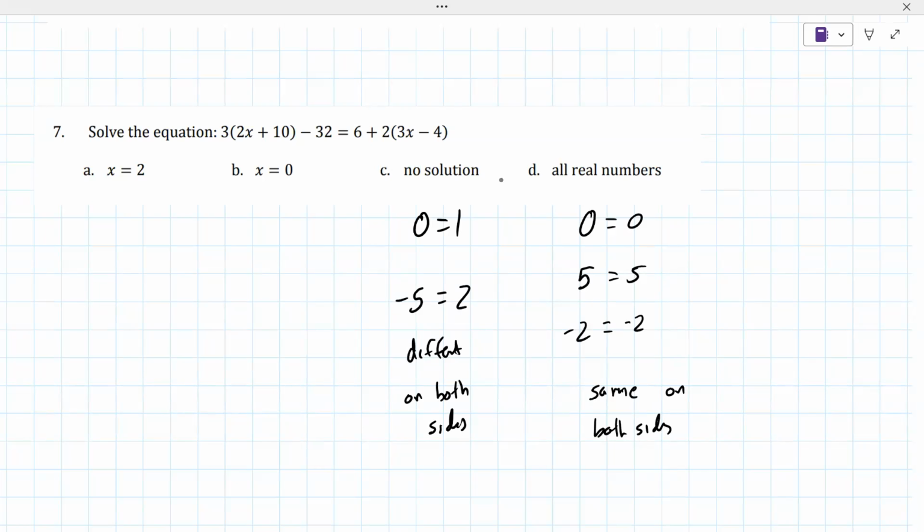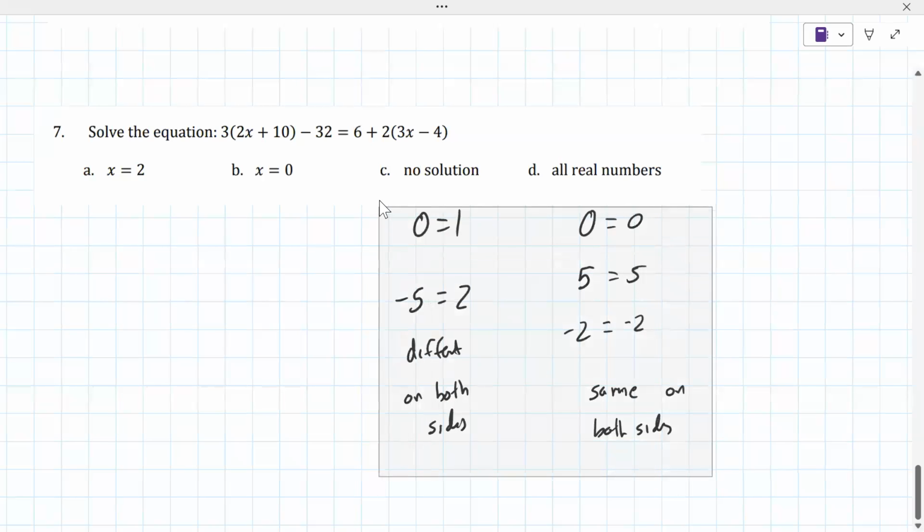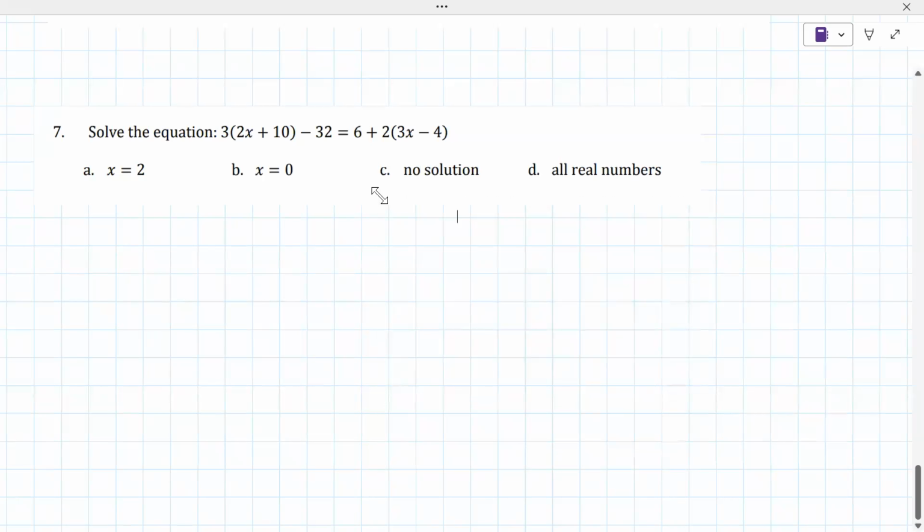Wait, so I missed this part about the writing that you have on the screen. 0 = 1. Can you re-explain that? I'm sorry. So if it's all real numbers, you'll get something like 0 = 0 or 5 = 5 or -1 = -1. Basically the same on both sides.